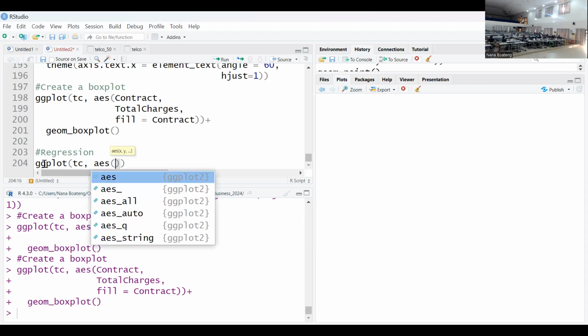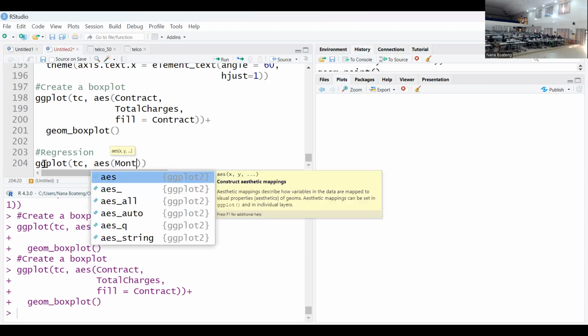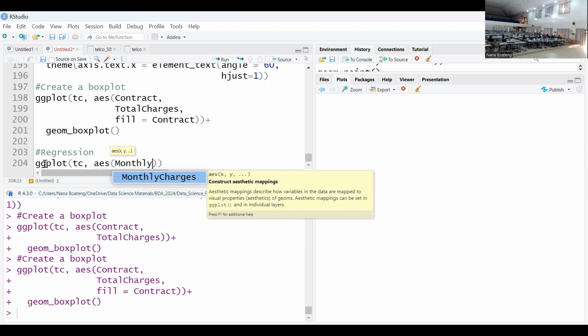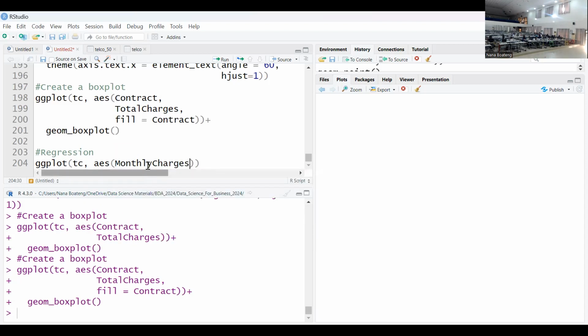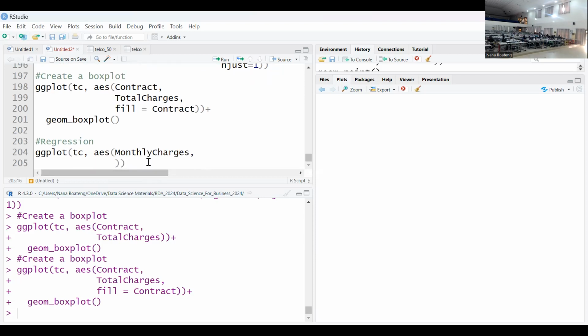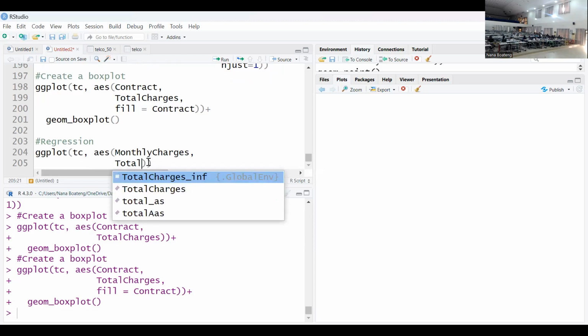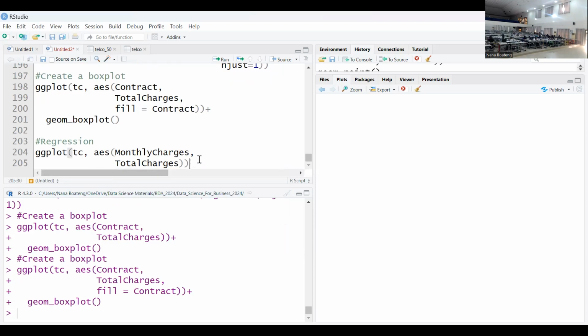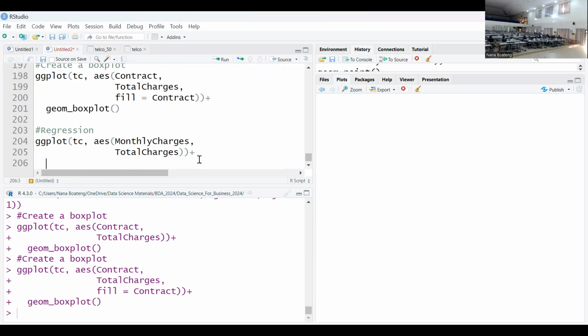So aesthetics, we have monthly charges, that is our X. And then we have total charges, our Y. Then we add another layer. It's just like the scatter plot. But here we want to do the scatter plot, and out of the scatter plot, we get the regression.